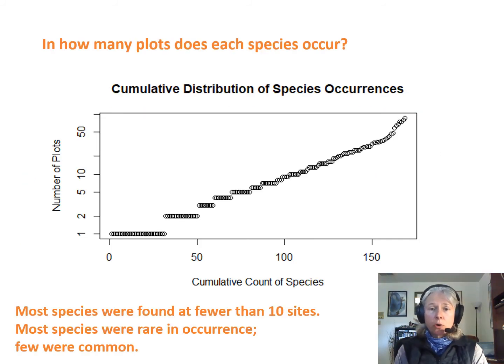So to answer our initial question, the answer is that most species were relatively rare. They were found at fewer than 10 sites. They were rare in occurrence. In other words, very few species were commonly distributed across the landscape. This is a very common species abundance pattern. We'll talk more about common patterns like this in a couple of weeks.